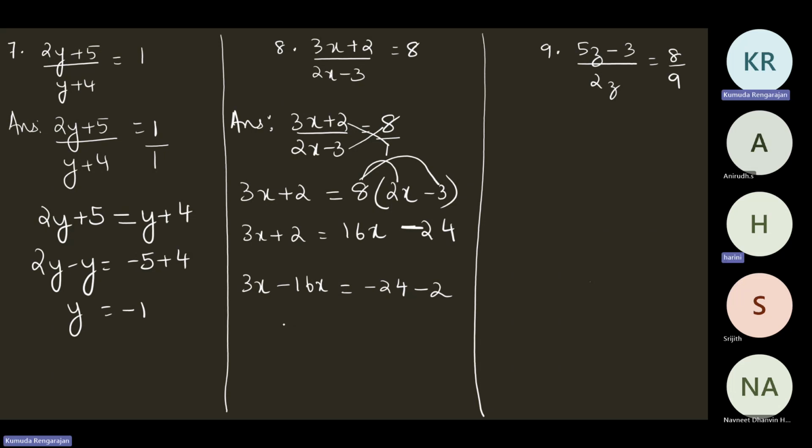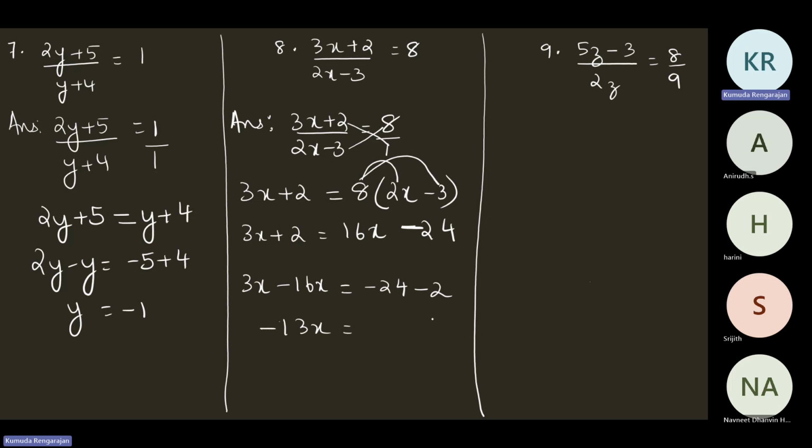Next. 3x minus 16x. 12x, ma'am. No. 13x, ma'am. Correct. Sign greater number. Minus 13x, ma'am. Correct. Is equal to... 26, ma'am. You must always say with the sign.